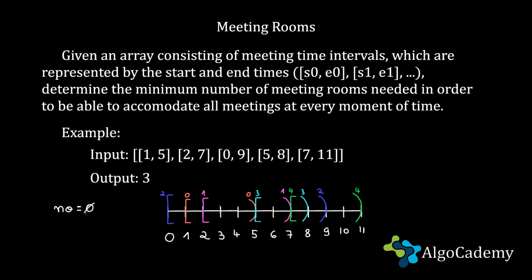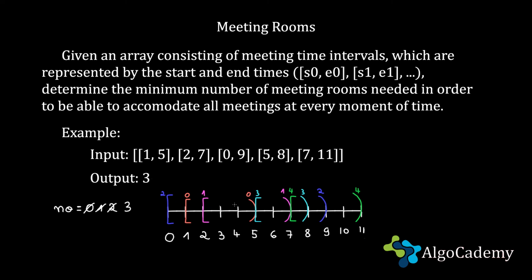So the number of meetings taking place at the moment of time 0 became 1. Then, no other event at moment of time 0, I go to moment of time 1, and I see another open bracket. This means that the number of meetings taking place at this specific moment of time is now 2. Then I go to the next moment of time, which is 3. I have no event, so of course the number doesn't change.